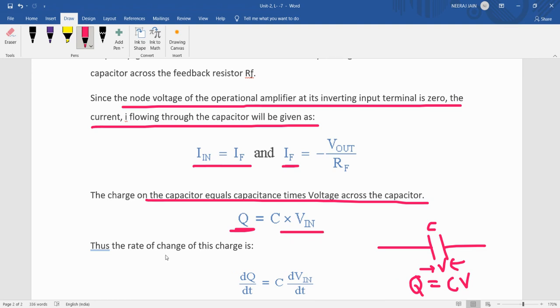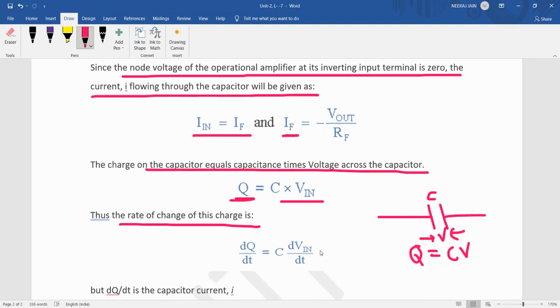The rate of change of this charge, dq upon dt, is equal to C dV in upon dt, because we do the differentiation on both sides.